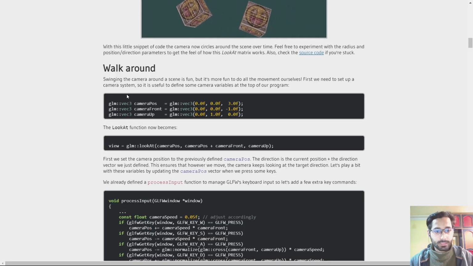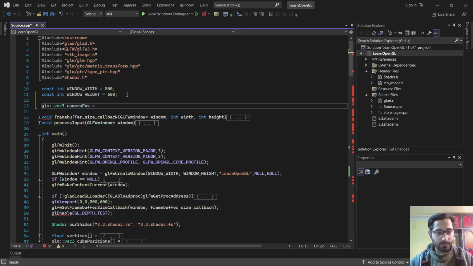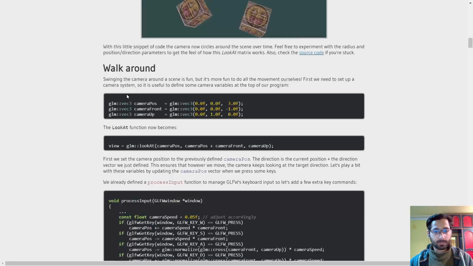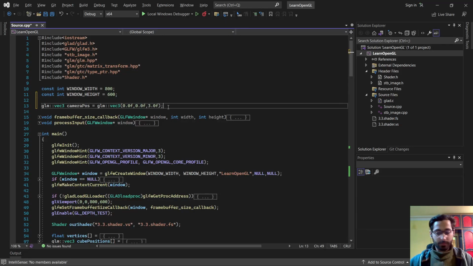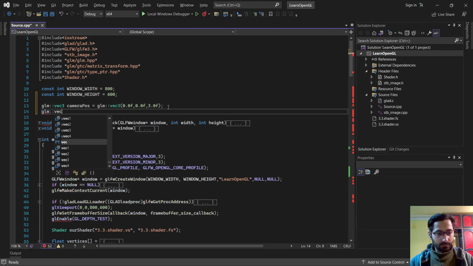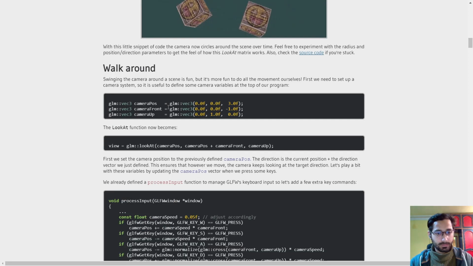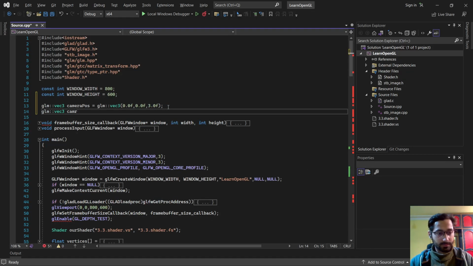First one is called cameraPos, is equal to glm::vec3. Camera position is 0, 0, 3. The reason I'm typing all of this out rather than just copying it is so that it's easier for me to remember this.